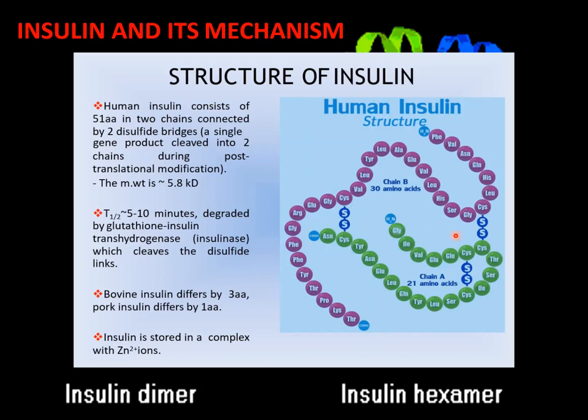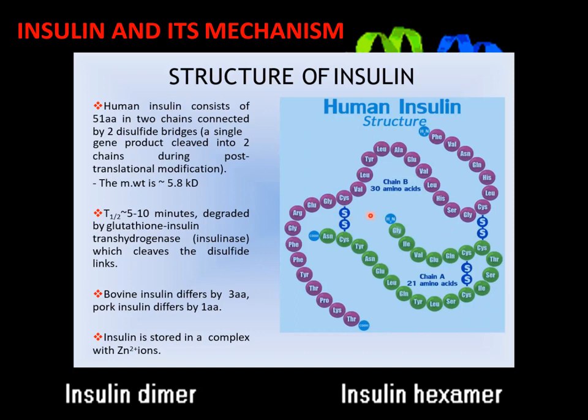The molecular weight of human insulin is about 5.8 kilodalton, and the half-life of insulin is about 10 minutes. It is degraded by glutathione insulin transhydrogenase, or insulinase, which cleaves the disulfide bridge between the chains.